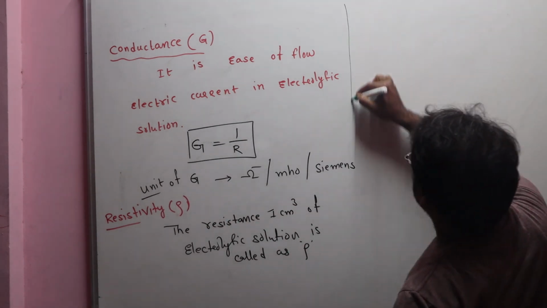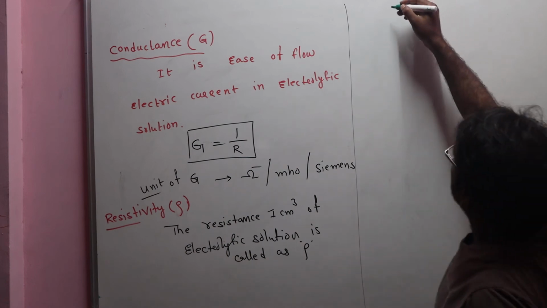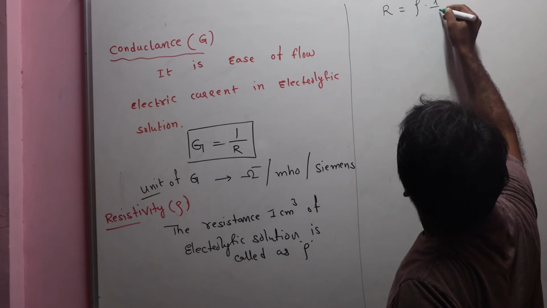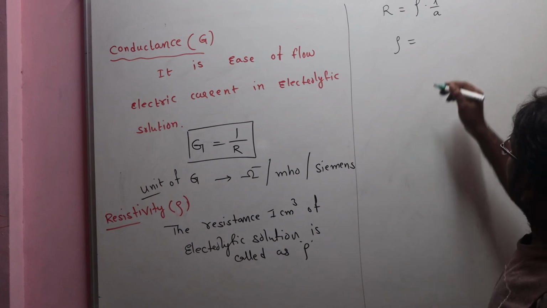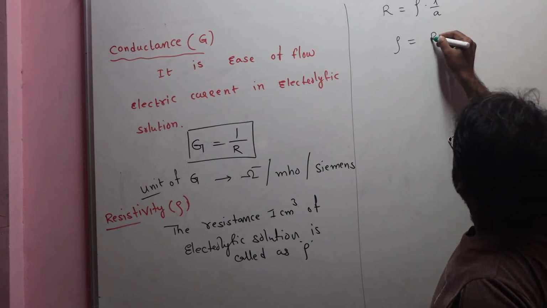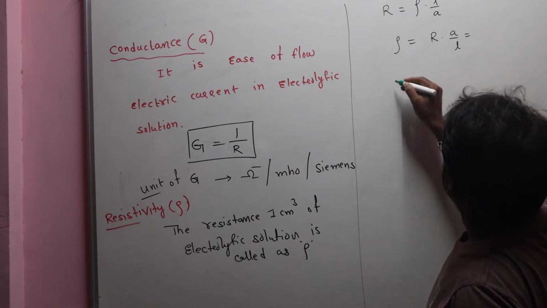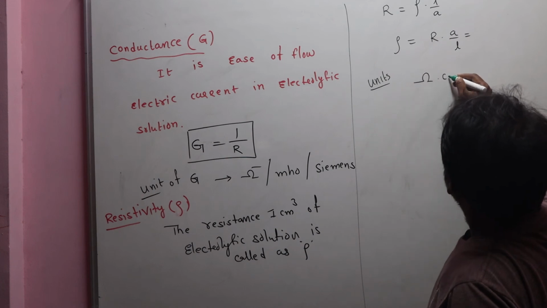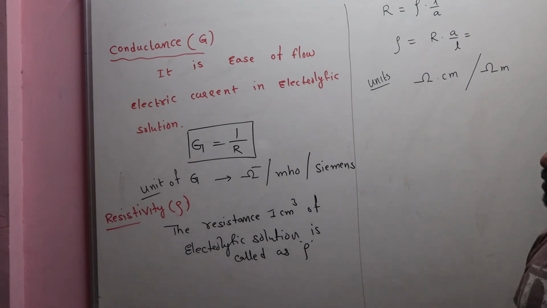And what are the units of rho? Actually R is equal to rho into L by A. Then rho is equal to R into A by L. Therefore its units are ohm centimeter or ohm meter, the unit of resistivity.